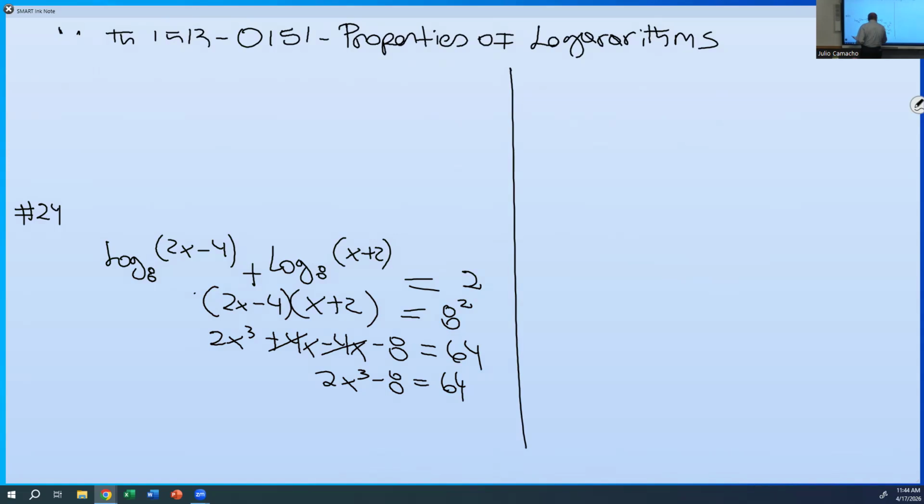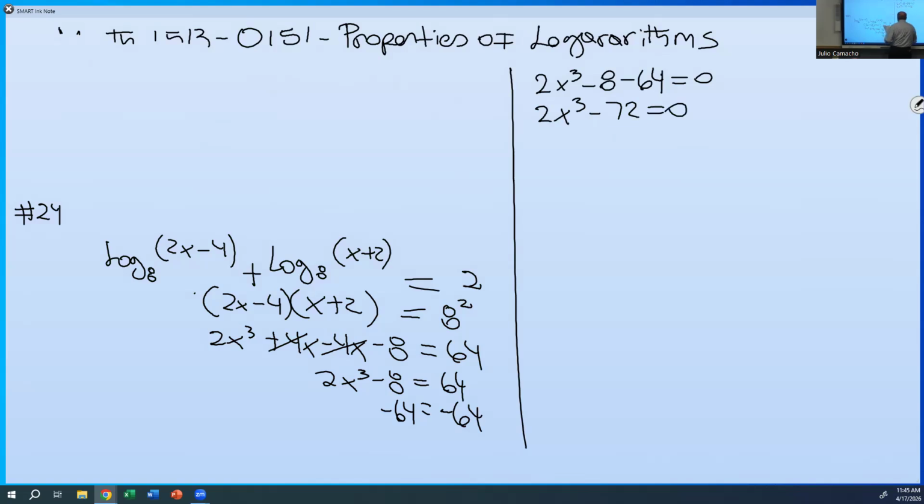If we subtract 64 from both sides, now we have 2x squared minus 8 minus 64 equals 0. And if we combine like terms, minus 8 and minus 64 add together to negative 72.